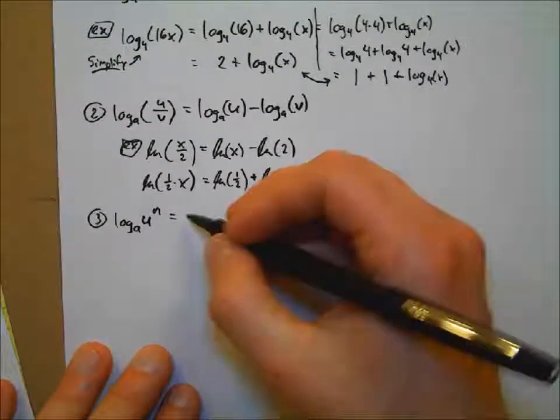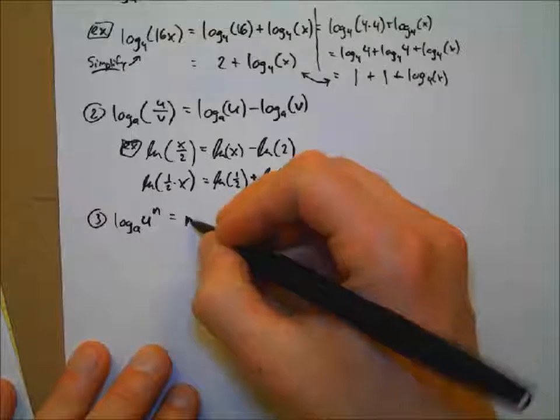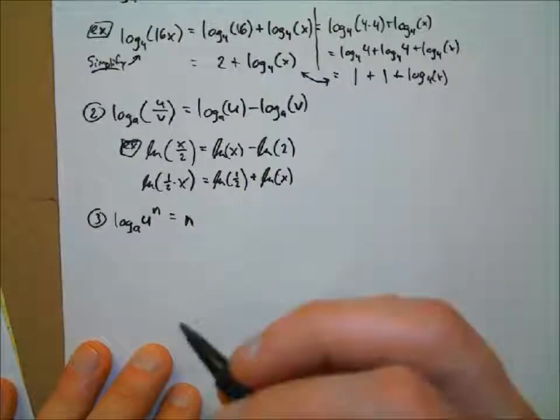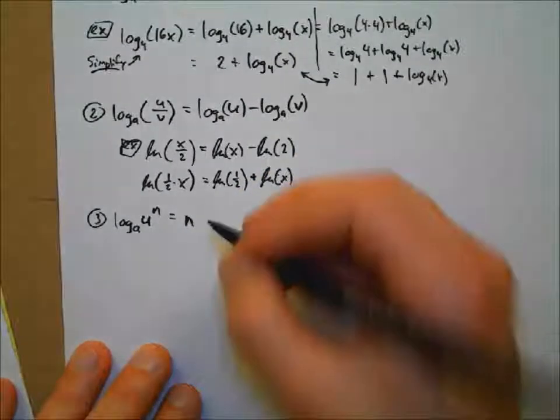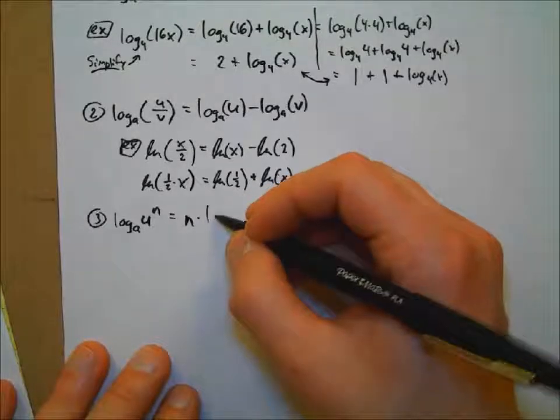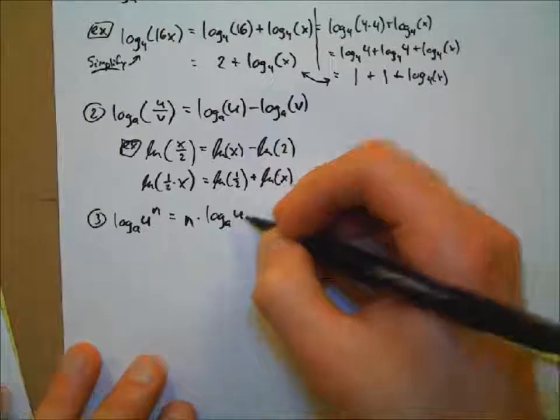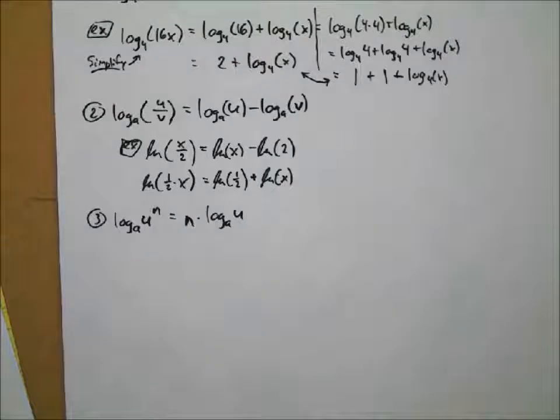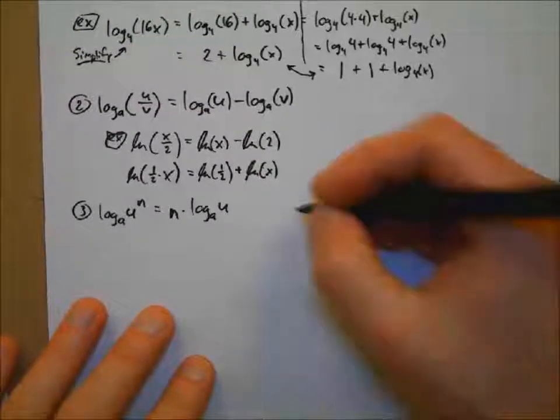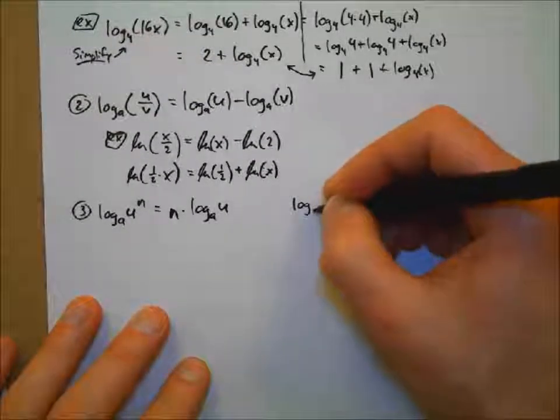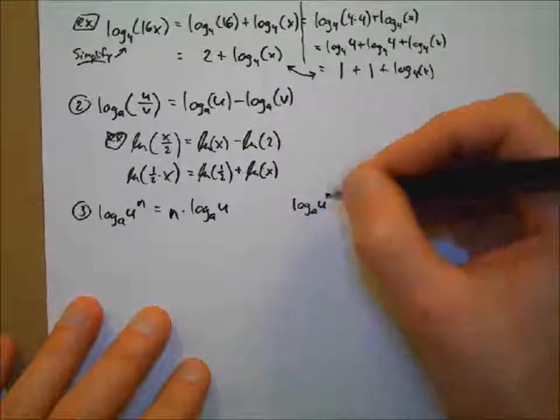N times log base a of u. Yeah. So in other words, that exponent for the u, that n, that can be brought out front. Okay. What's the idea here? What's the principle? Well, if you have log base a of u to the n, we can basically use our first property here.